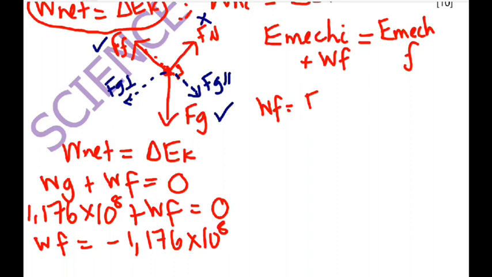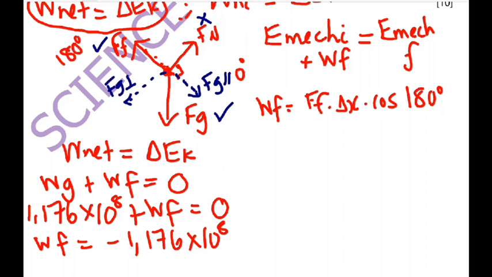So we know that the work done by friction is actually the frictional force times the distance times the cos of 180. Why? Because again, going down is the 0 direction of motion. Friction is acting anti-parallel to the motion, so it's 180 degrees.